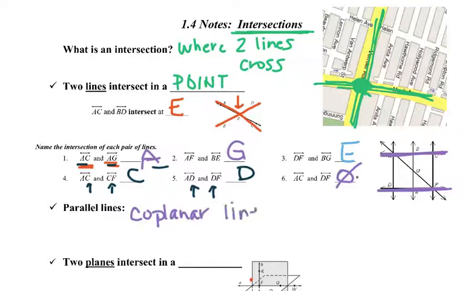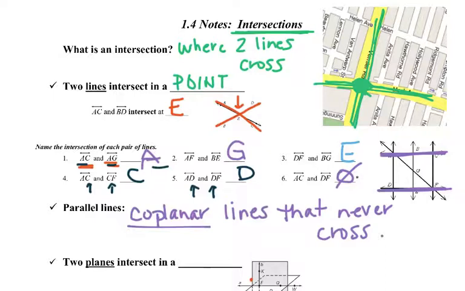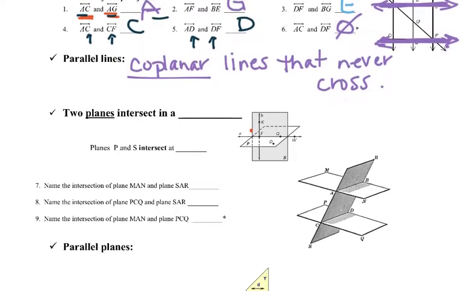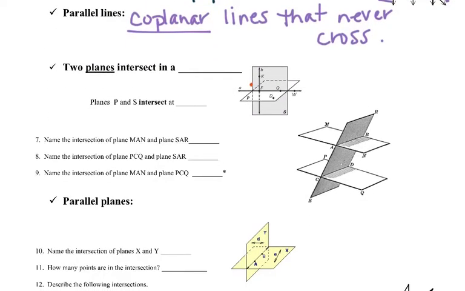And you probably learned about parallel lines back in elementary school, that lines that never cross. But now I'm going to add this word to the definition, coplanar lines that never cross, meaning they're in the same plane. They're both in the plane of my paper, and they never cross. That's going to make more sense to us later, but we're going to just leave that there for now.